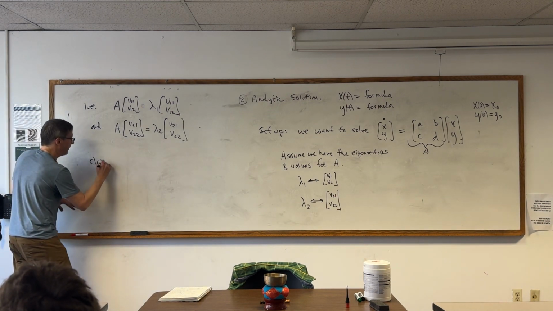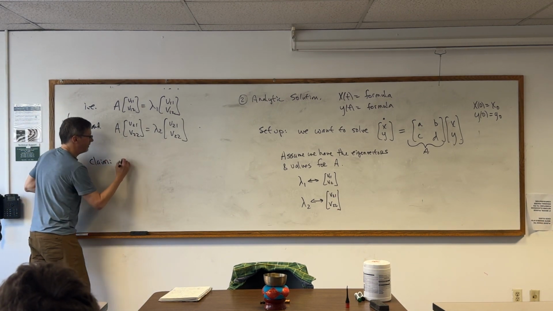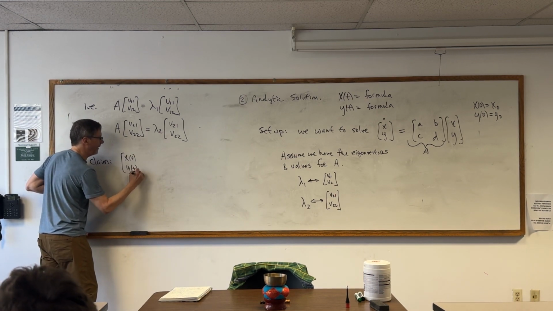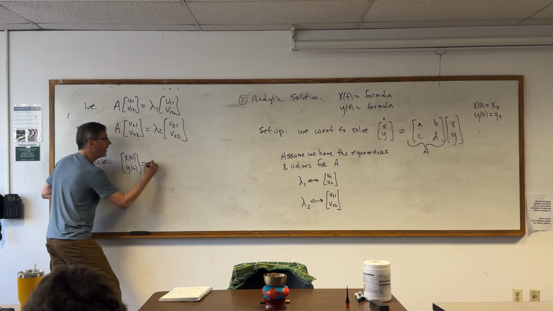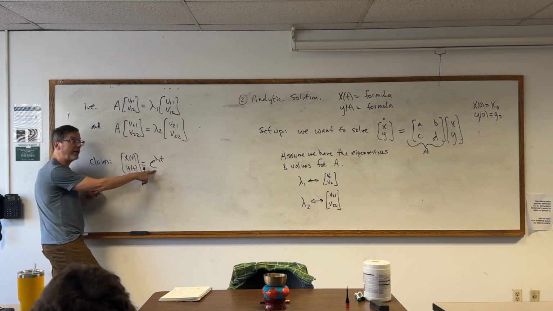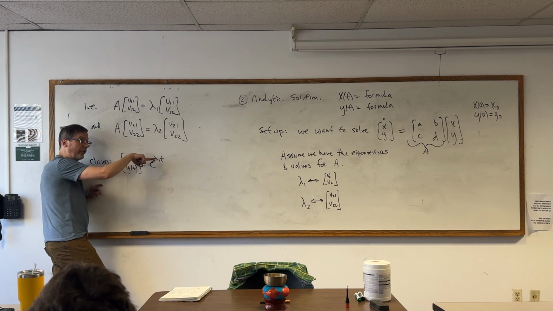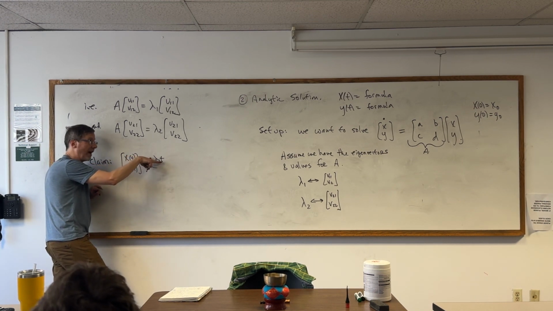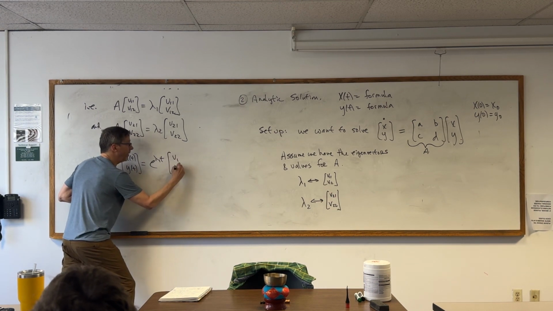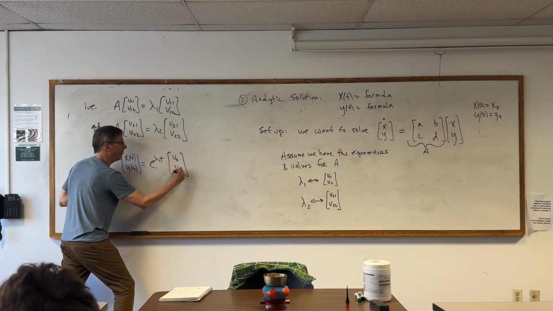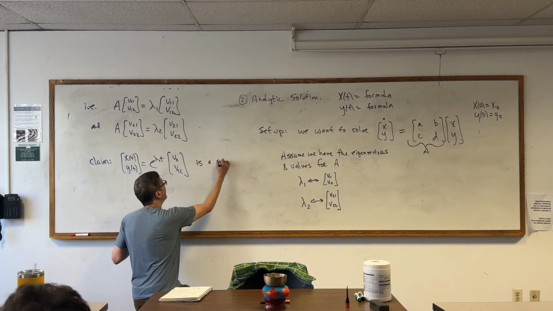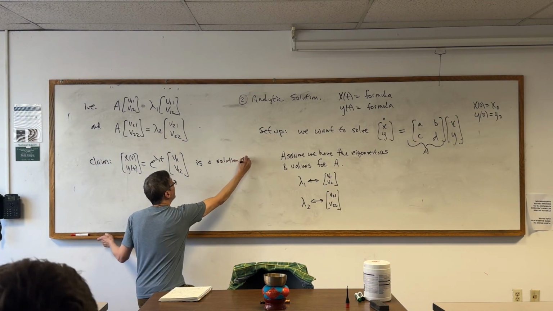So here's the claim. X of t, y of t equals e to the lambda 1 t, so that's just e raised to the eigenvalue times time as its exponent, times v11, v12, is a solution to our problem.